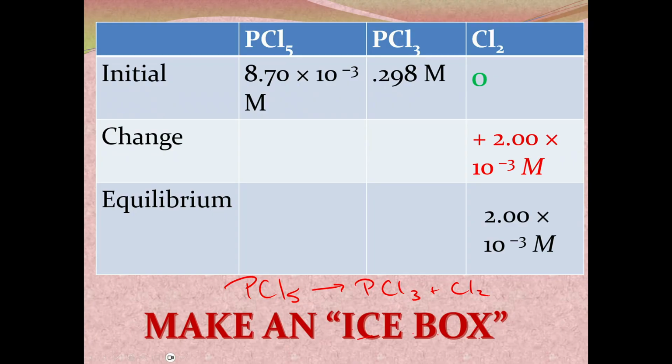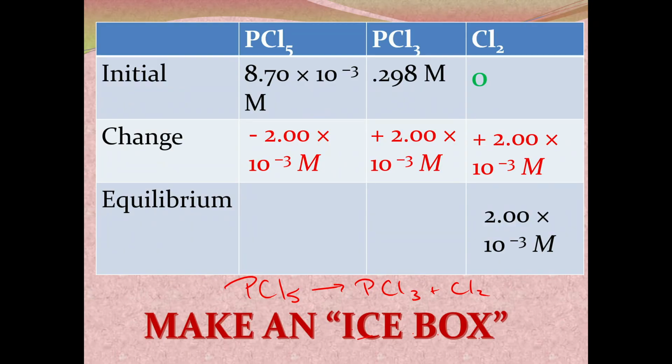So whatever my change is for the Cl2, it has to be exactly the same for the PCl3, because for every chlorine I make, I also make a PCl3. But every time I make a chlorine or a PCl3, I lose that amount of PCl5. So my change for PCl5 is negative 2.0 times 10 to the minus 3.